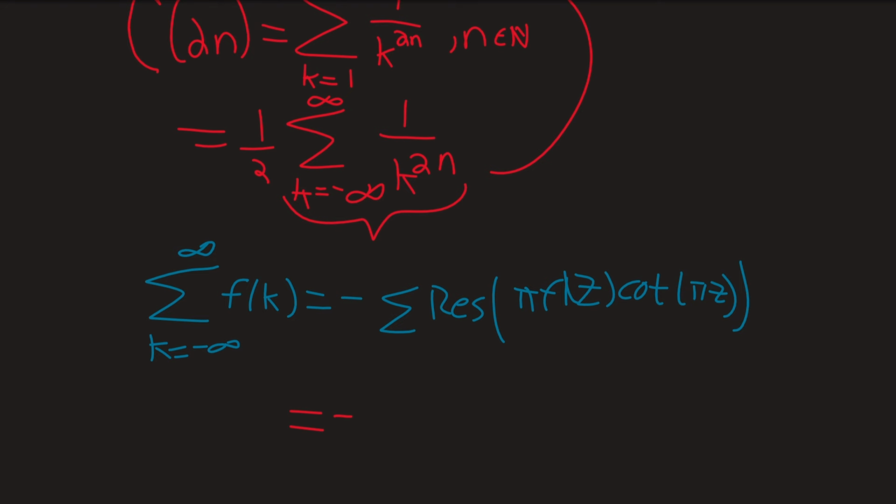But our only residue is actually going to be at 0, because that's the only place where z to the 2n can possibly be 0. So plugging everything in, we end up finding that we can find the residue of pi times the cotangent of pi z over z to the 2n, just at 0.